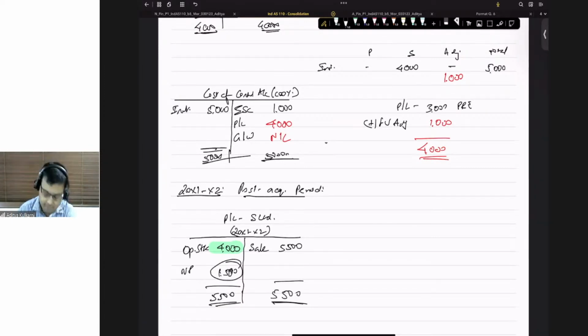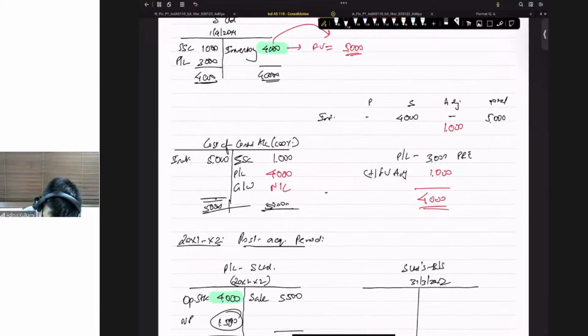So this is done. If I have to draw S Limited's balance sheet as on 31st March 20X2, it will look something like this. Equity share capital 1,000.